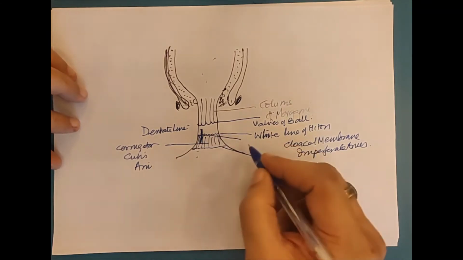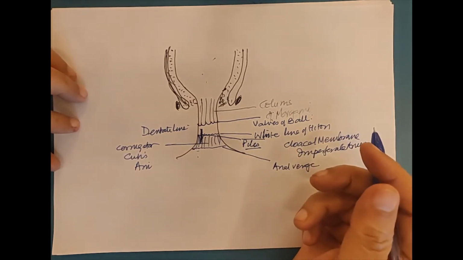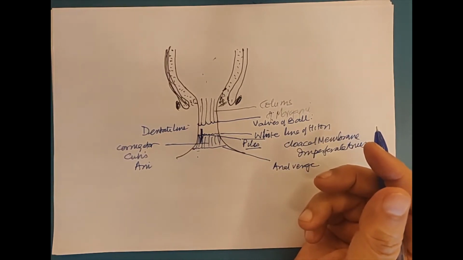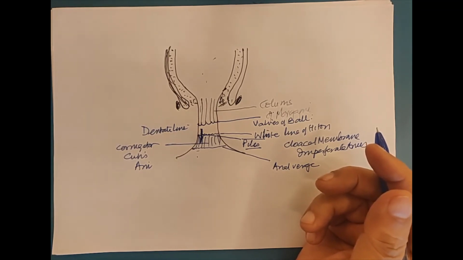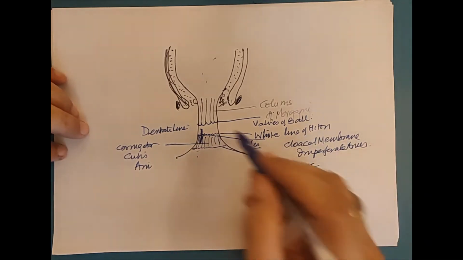You will have piles at this junction. Piles are thickened, tortuous, bleeding veins because of portal back pressure, where blood is trying to get into the caval system at the white line of Hilton. Right?